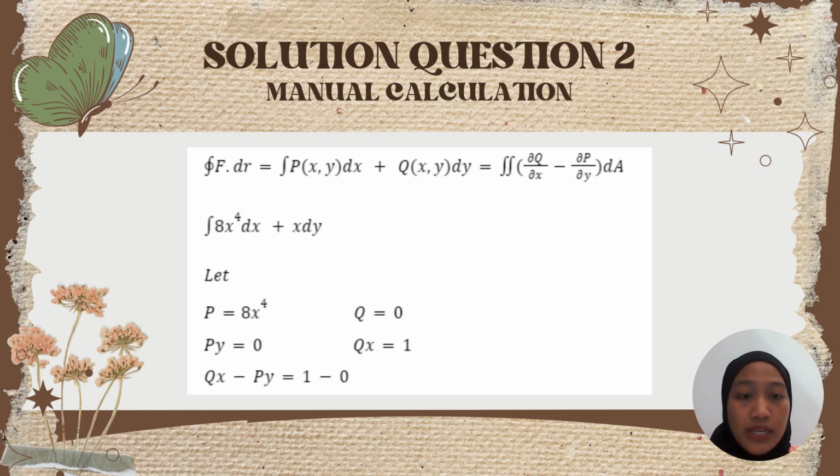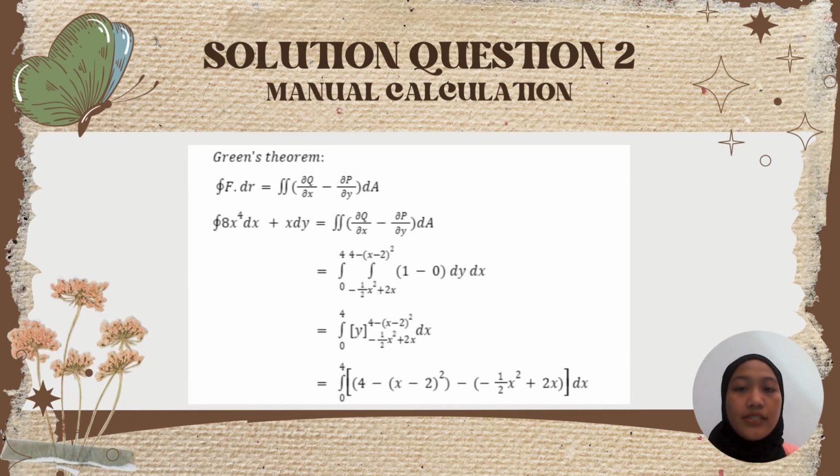And then we let P equal to 8x to the power of 4 and Q is x. When we differentiate P with respect to y, we will get 0, and when we differentiate Q with respect to x, we will get 1. And then we make Qx minus Py so that we will get 1 minus 0.